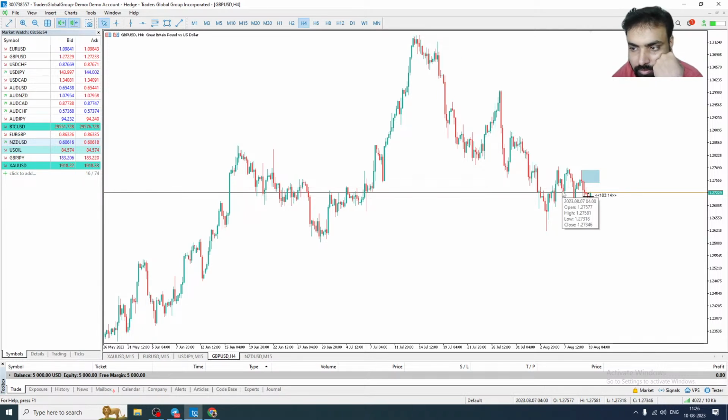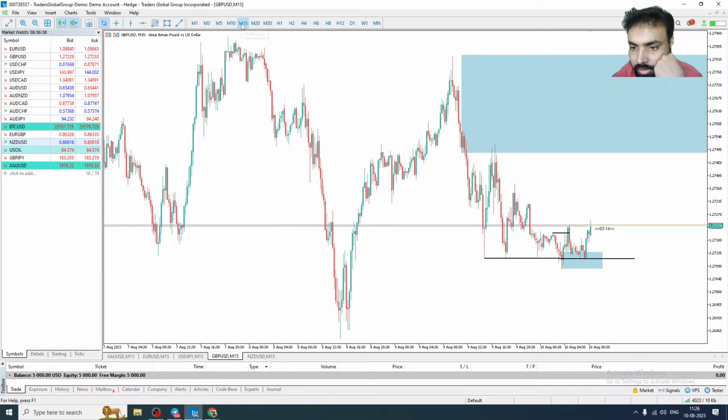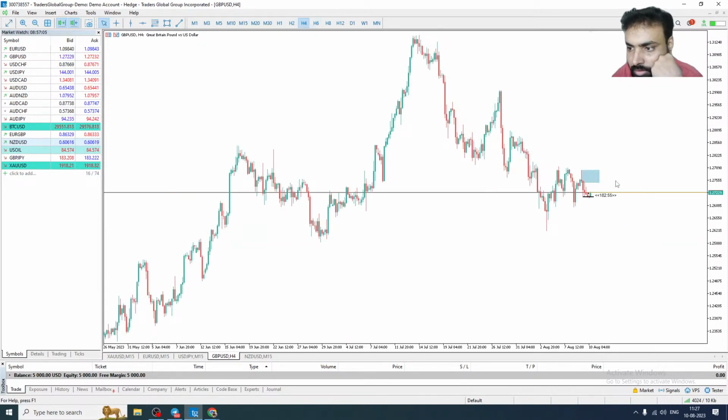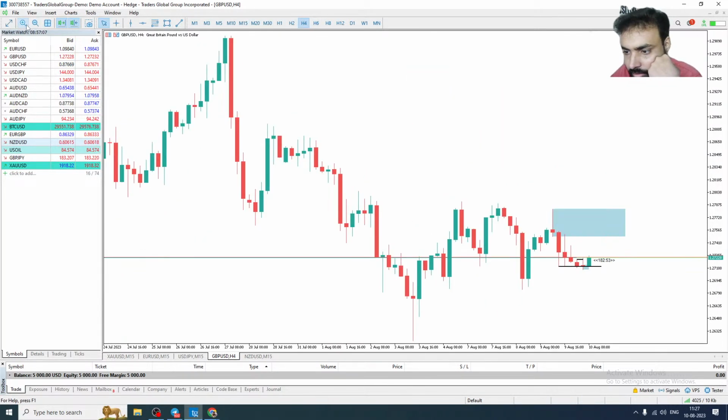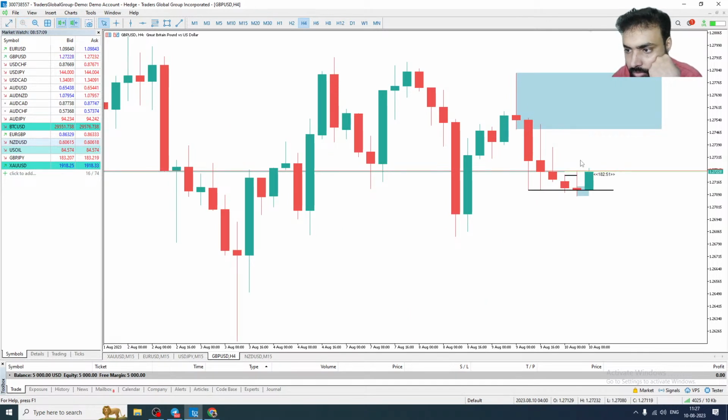We are looking for buying from here, which is really the riskiest trade. But market anyways has to go here, right? It has to touch this manipulation or this candle. So for that it has to push up, and we are trying to take a trade from this push up.